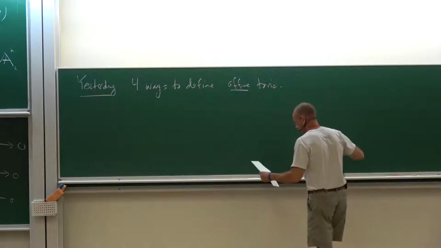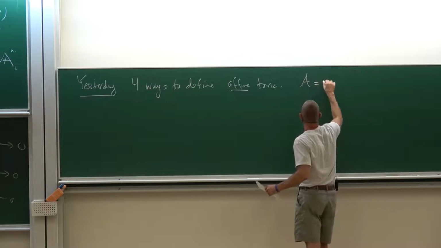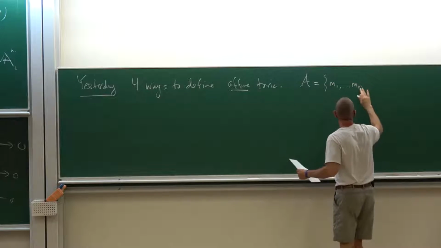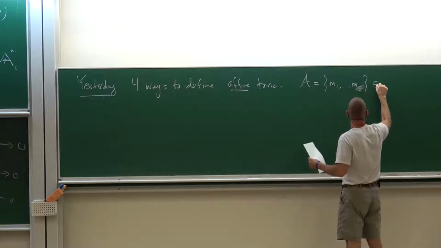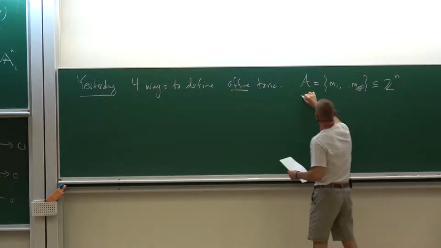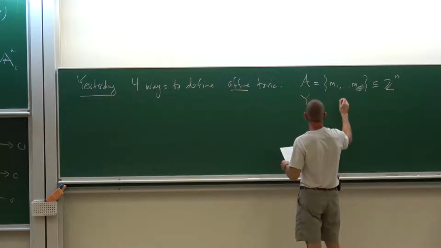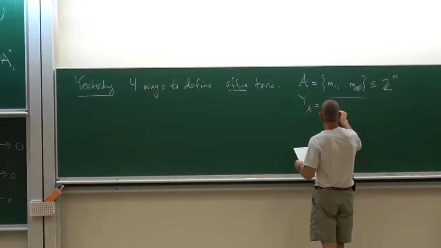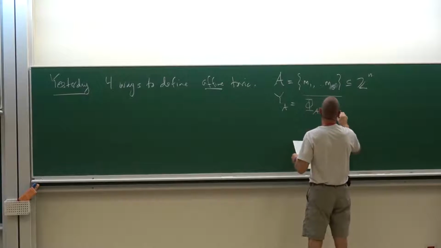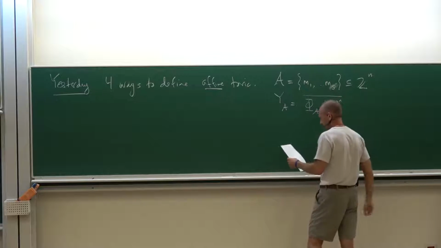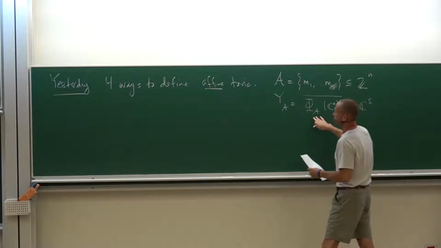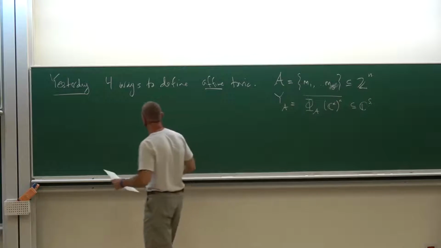And so one of them was that if we had A equal to some m1 through m sub n, I think, in Z to the n, then Y sub A is just equal to the closure of phi sub A of C star to the n. So this was one of the ways we define an affine toric variety.